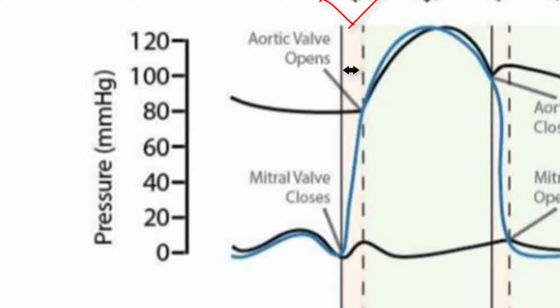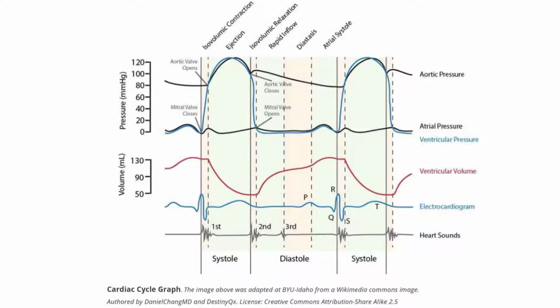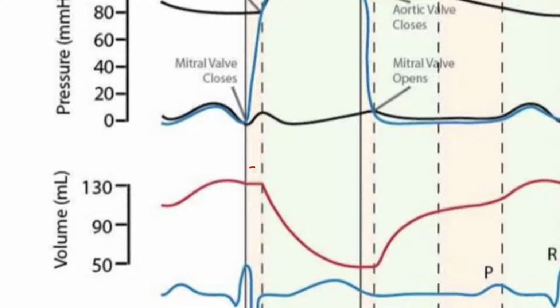Notice between the solid black and the dotted line for isovolumic, we see that the pressure is increasing. We aren't yet greater than 80, and our volume line is a flat line. The blood has nowhere to go until we pass 80. Mitral shut, aortic is not yet open.